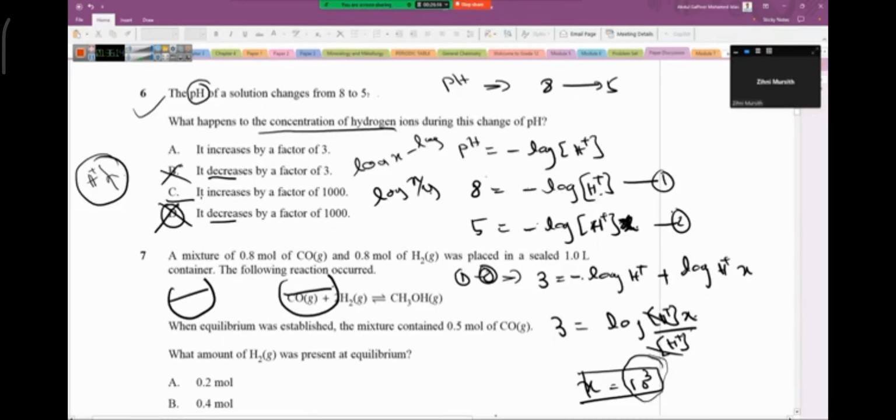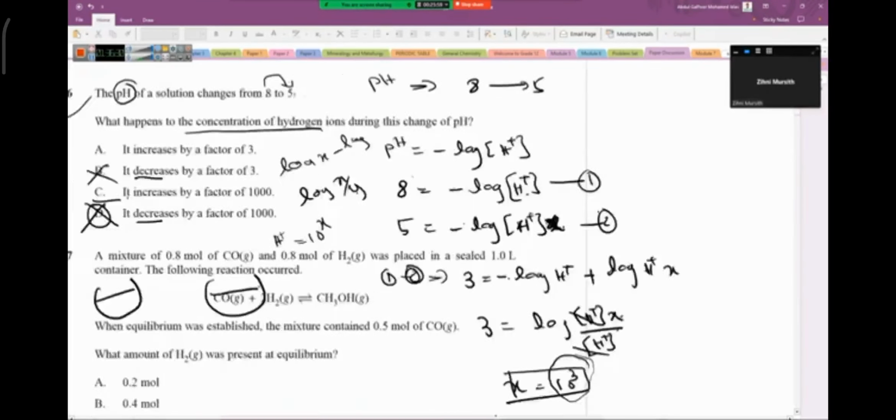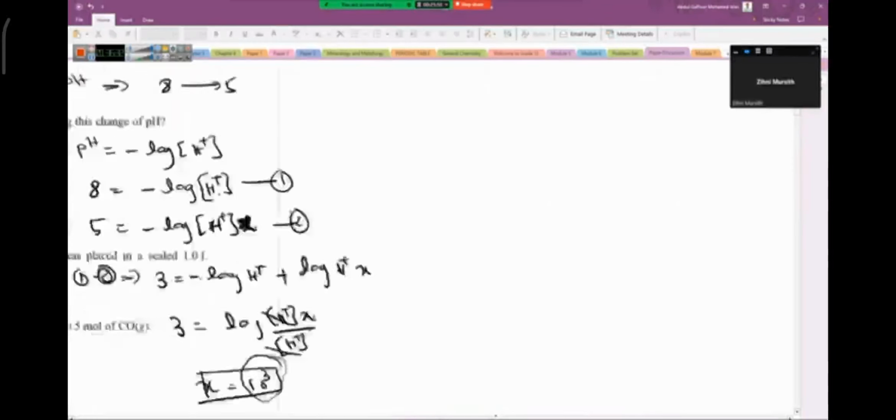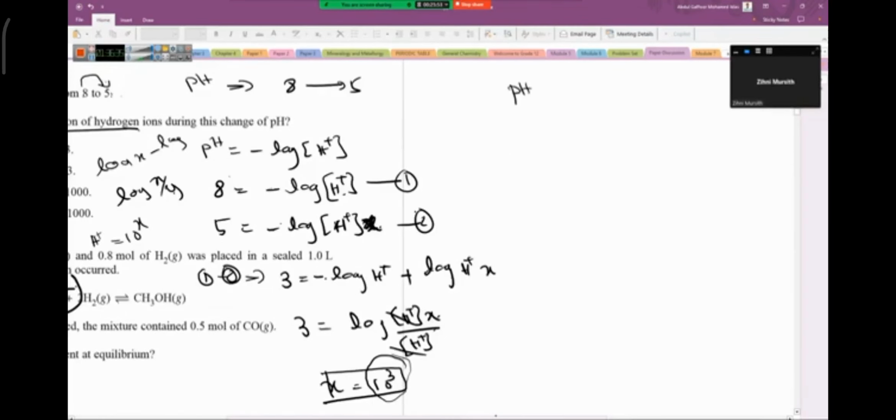So the trick is, when you change the pH by x, then the H plus concentration will change by 10 power of that factor, right? This is the proper method, but the trick is, let's say we change pH from one point to another point, but we are changing it by x.